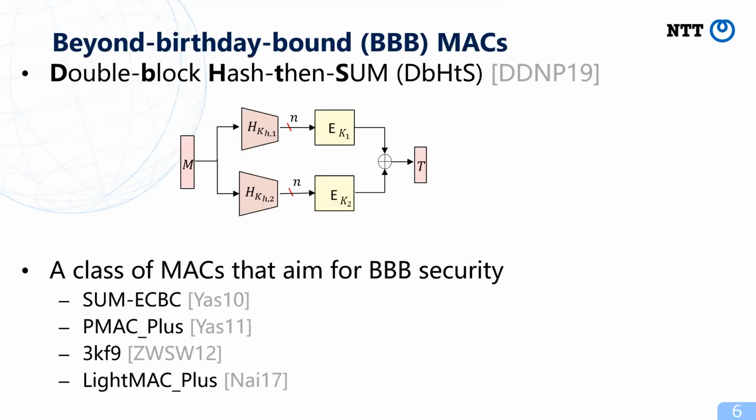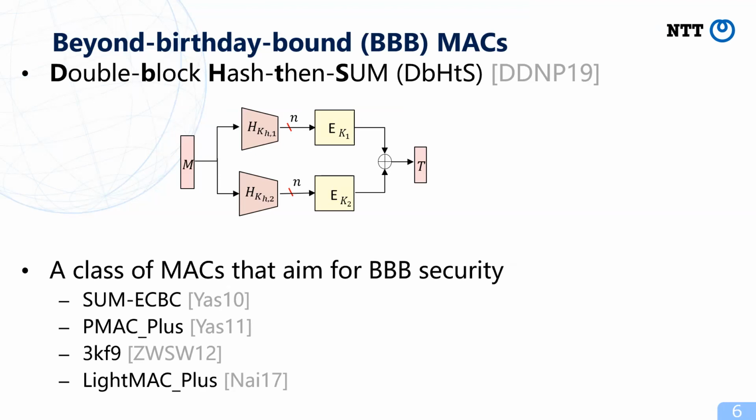A typical way to build a MAC secure beyond the birthday bound and to keep everything deterministic is the double-block hash-then-sum strategy, where you double the internal state size. So instead of having an n-bit state size, you have 2n bits to avoid collisions. That's because you have an attack which exploits collisions in the internal state.